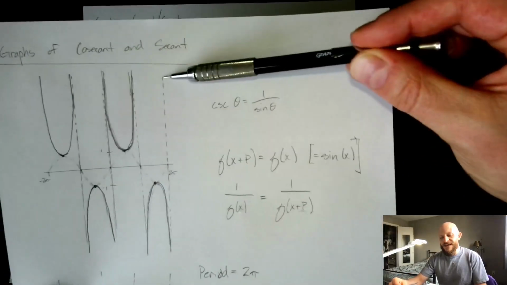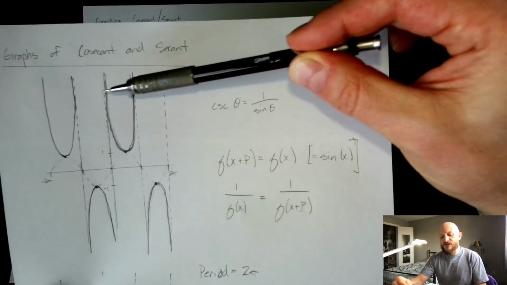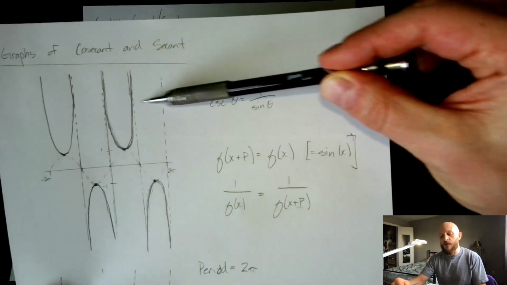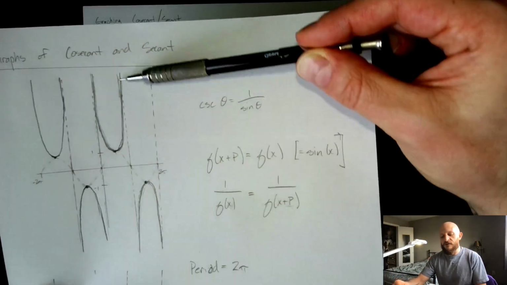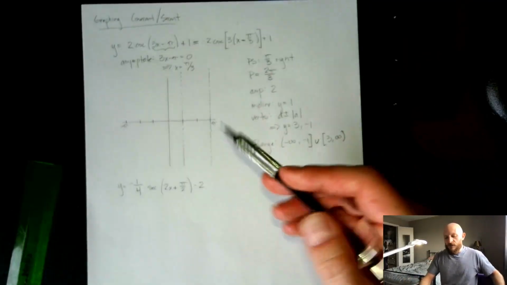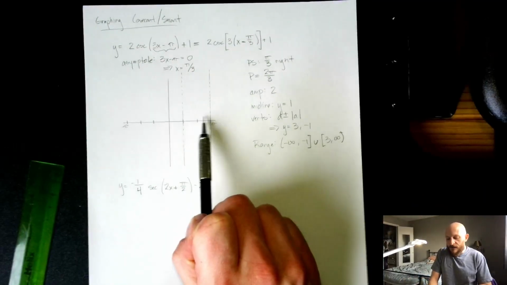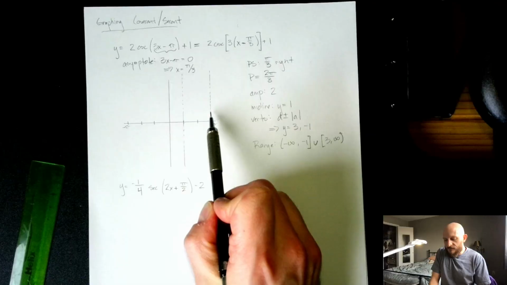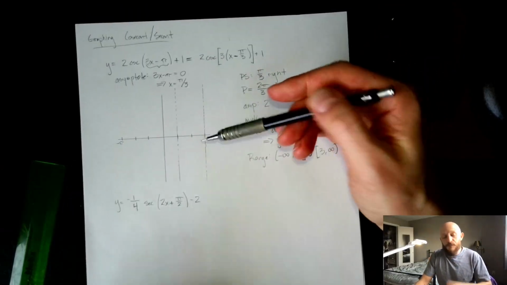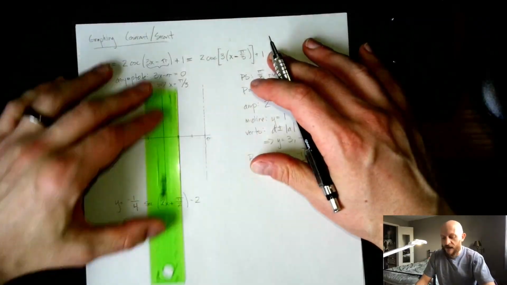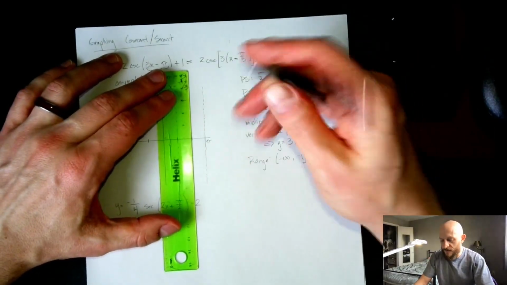Notice that within one period, there are actually 1, 2, 3 asymptotes. That is to say, within one period of the function, there's an asymptote going right through the middle. This is one period because this is an interval of 2 pi over 3, which means that this interval is also cut exactly in half by another asymptote right here at 2 pi over 3.